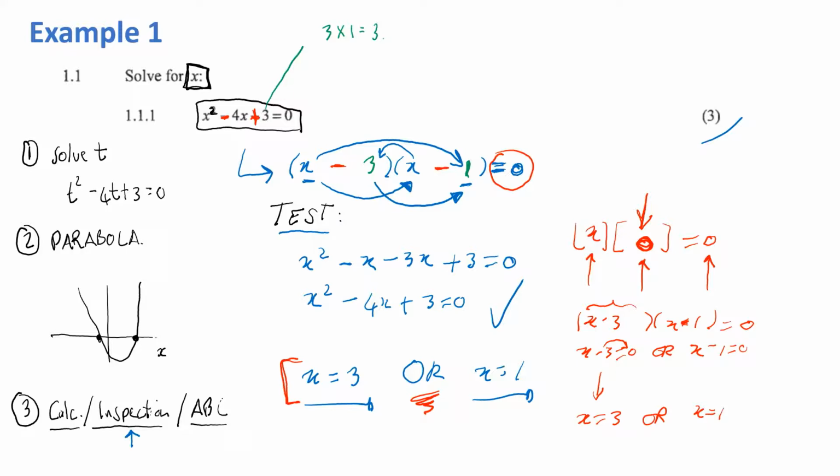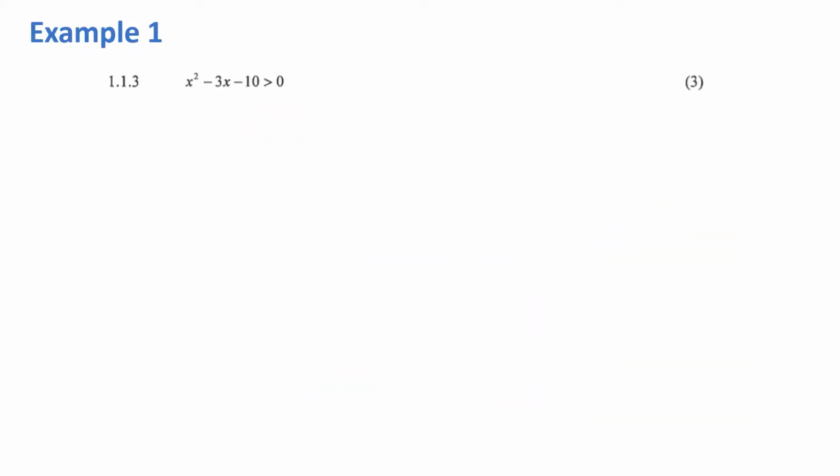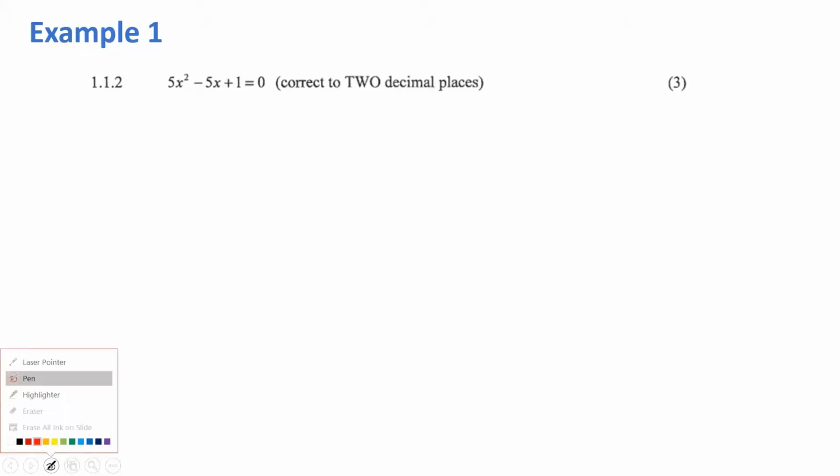And let's move on. There we go. Okay, and then the next example, they tell us that we need to calculate it correct to 2 decimal places. Already off the bat, you can sort of know that you're going to need to use the calculator, right?